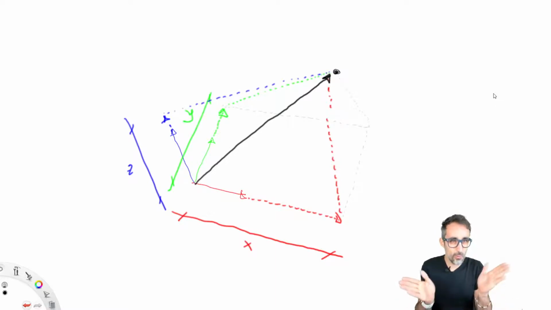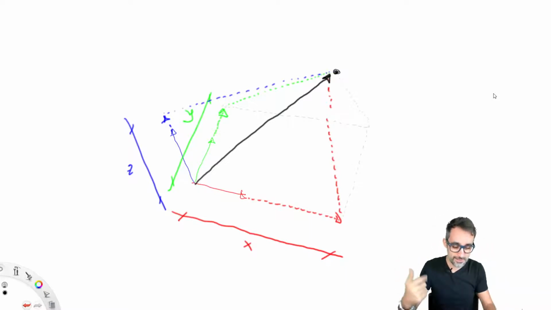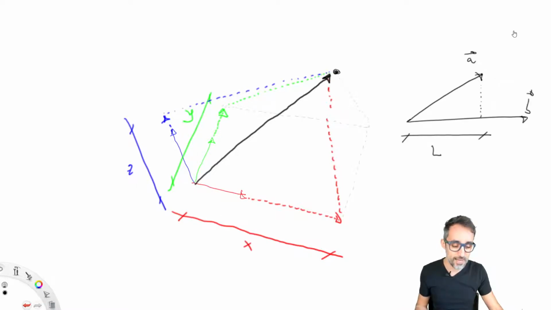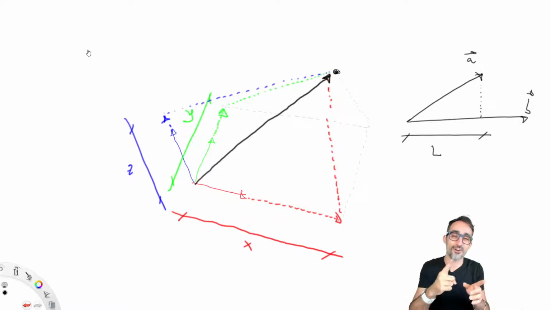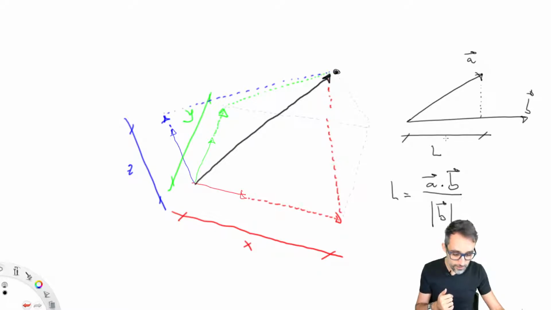But now, how can we project a vector onto another vector, and how can we measure that distance? Well, I think we have seen this in a previous gem, but we can take advantage of the dot product of two vectors. One of the meanings of the dot product is this: the dot product of vector A on top of vector B turns out to be related to the length of that projection.